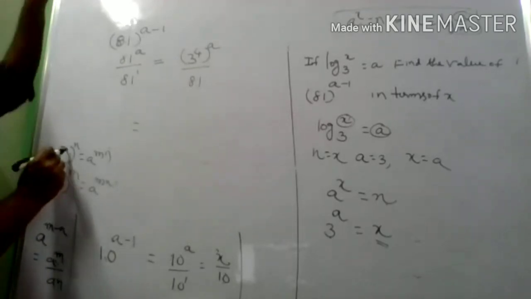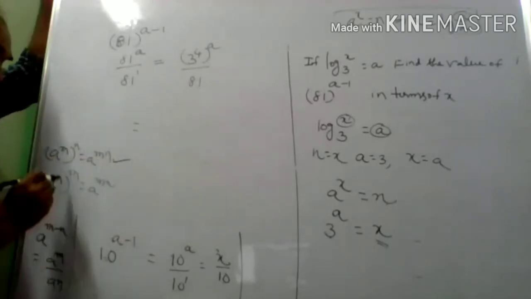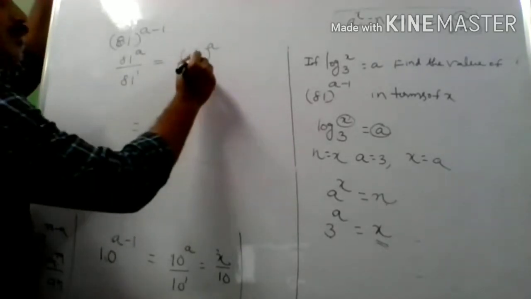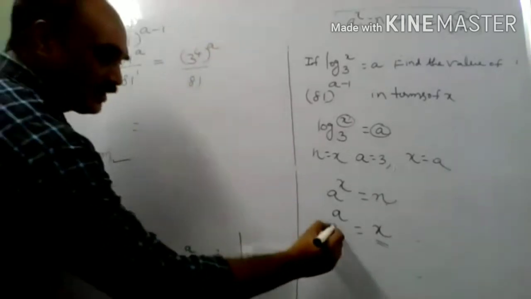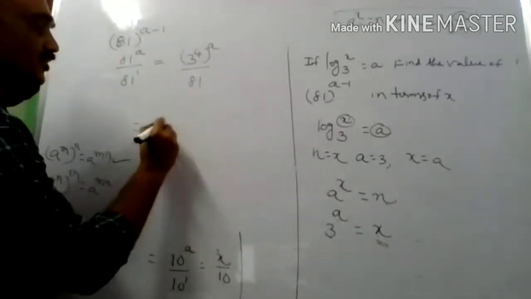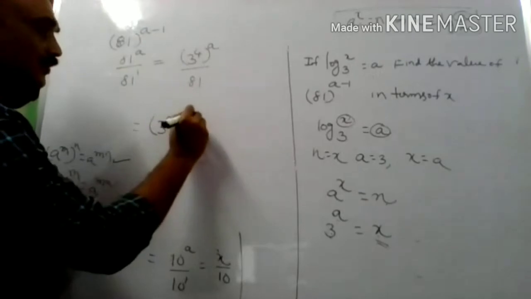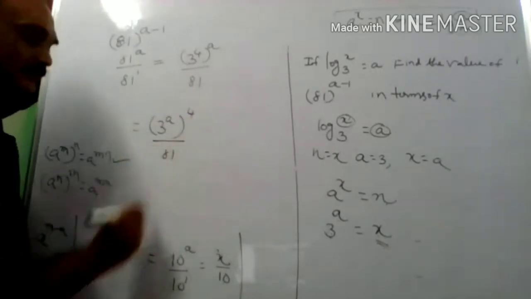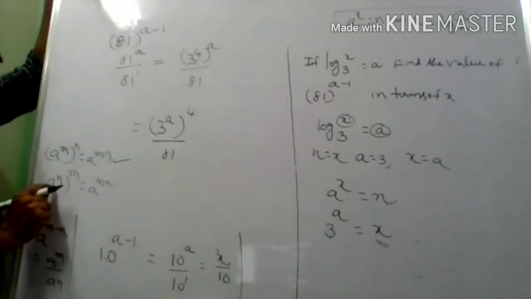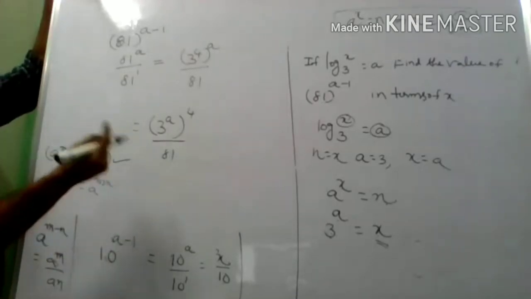Friends, a power m whole power n is equal to a power mn, and a power n whole power m is also a power mn.